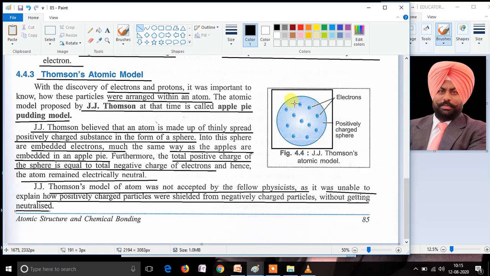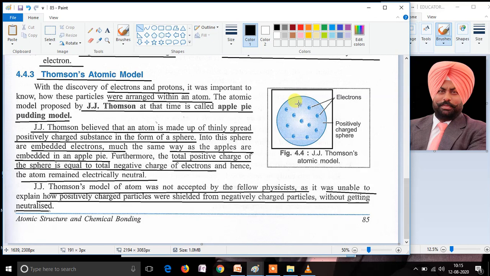If electrons are present in between the positively charged sphere, then both the charges should cancel each other, but the positive sphere still possesses positive charge and electrons still possess negative charge without getting neutralized.